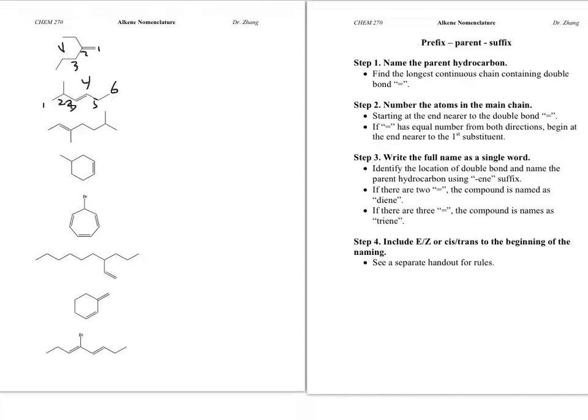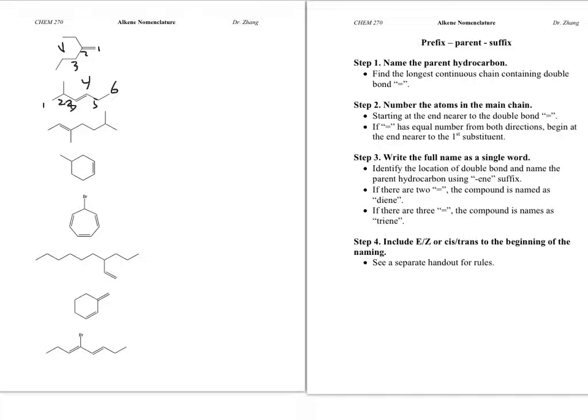Under that circumstance, when you try to write the full name, the name should include all the substituents, including this methyl group on carbon number 2, and also you need to identify where the double bond is. Since the double bond is between carbon 3 and 4, you can call this a 3-hexene.